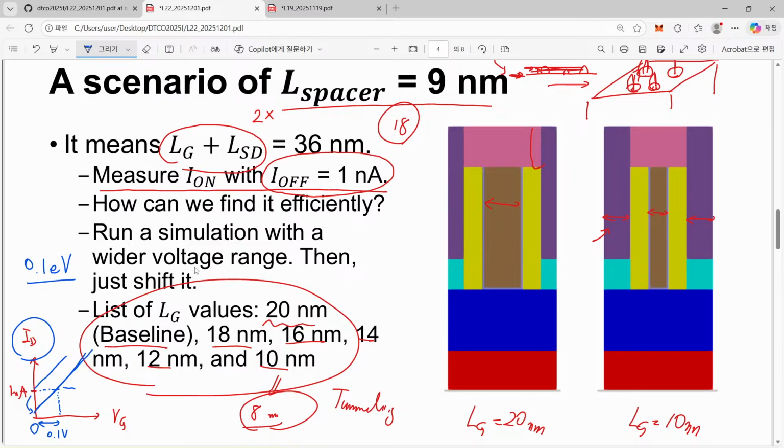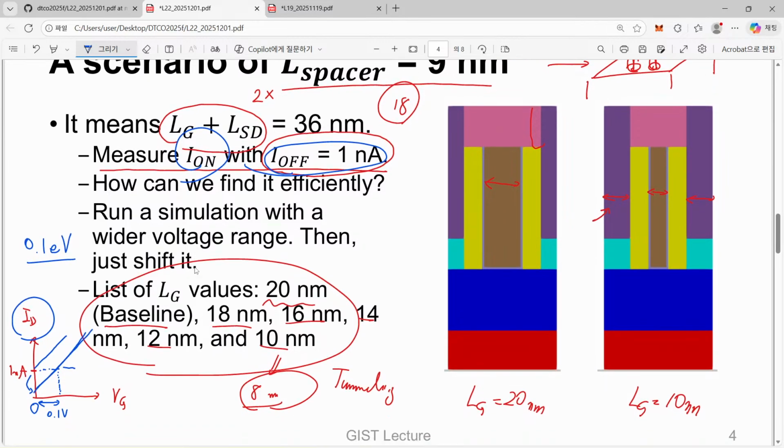Just run your simulation with a certain reasonable value of gate work function. Then you will have certain curves up from or far away from your required off current condition. Assuming that we can adjust work function to shift the curve in parallel to this condition, then you will have the I-on under that case.